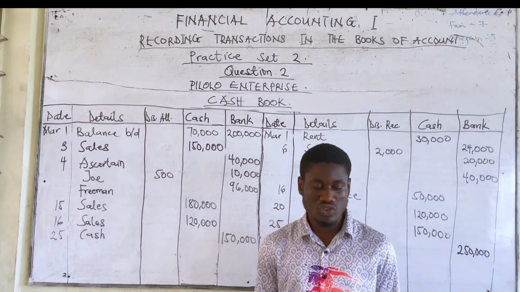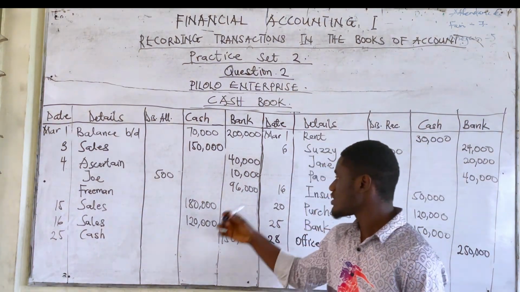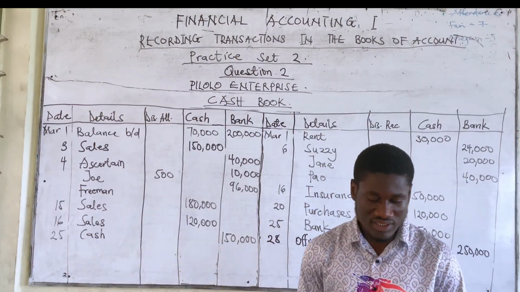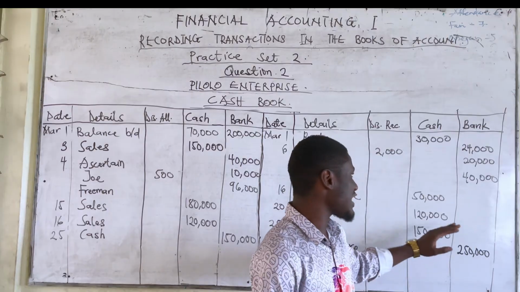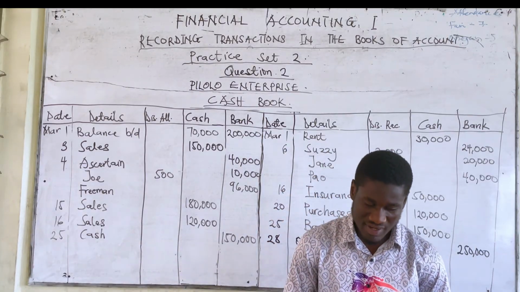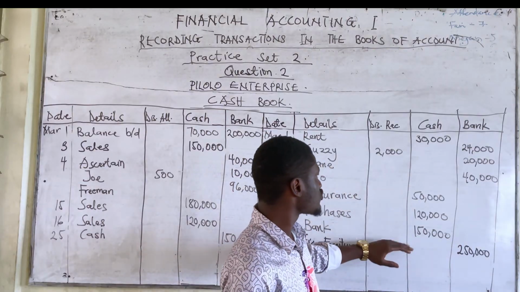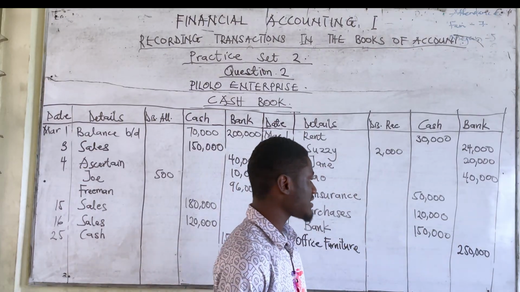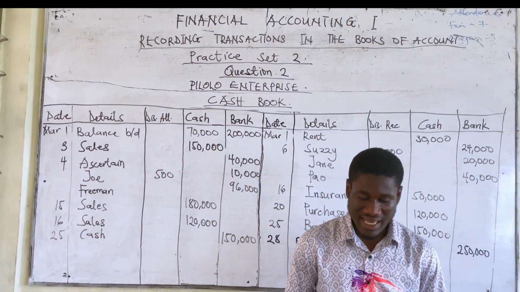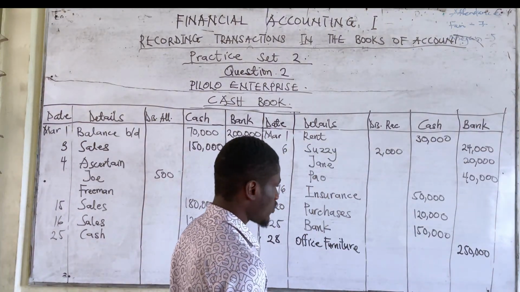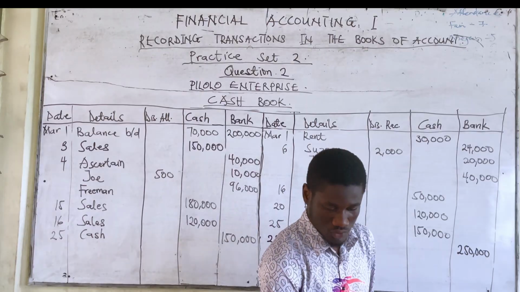So now what we are going to do is balance the accounts. We are going to balance all these accounts and see which side is the greater or bigger side. Then after that, we'll find the difference between the bigger side and the smaller side to get our balance c/d. Good. So let's check for the totals.